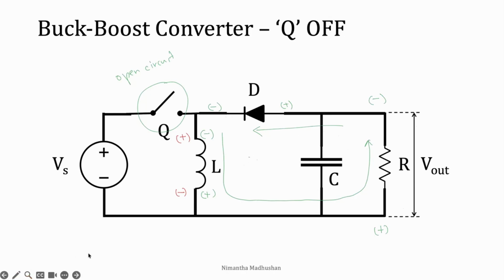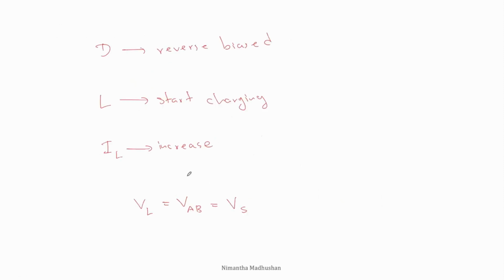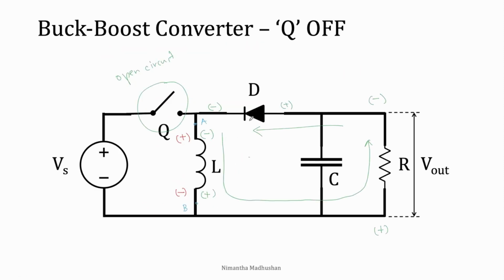And if we consider the point A and B, I previously drew that A and B in here. If we measure the VAB, you can see it will be a negative voltage because the sign at the point A is negative. And this VAB is directly applied to the output.